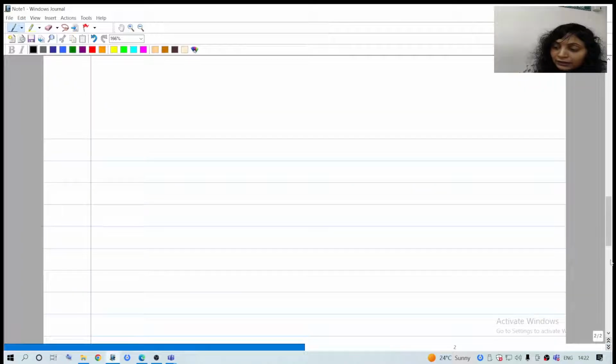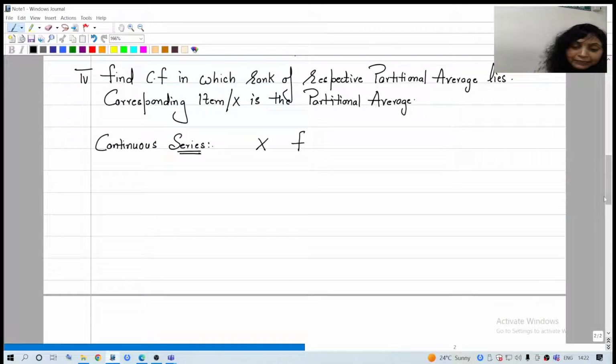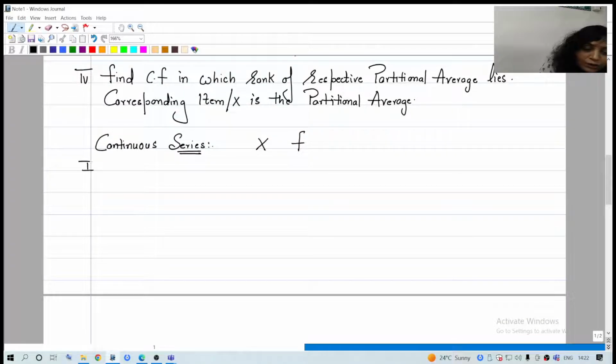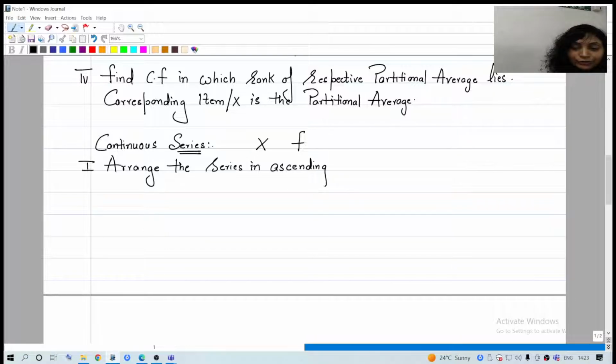Let's move. The first step is always the same, common in all three series. Arrange the series in ascending order, means you have to arrange class intervals in ascending order.